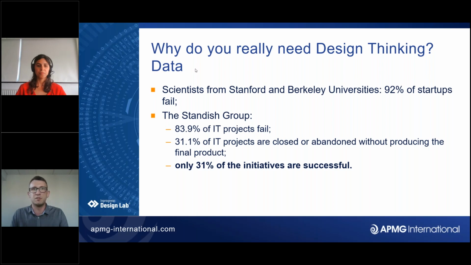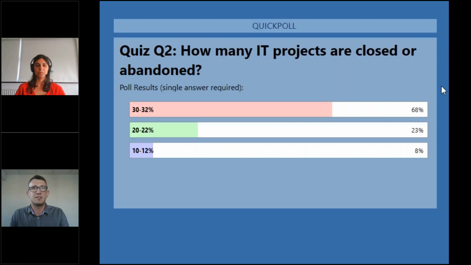So, projects are closed or abandoned. It's the 31%. And most of you were correct. It's a very big number, a huge statistic, that 31% of projects are closed or abandoned without producing any product.